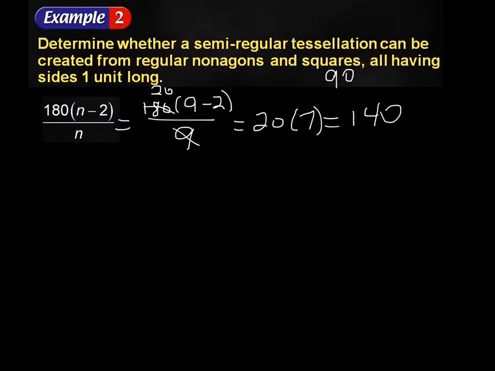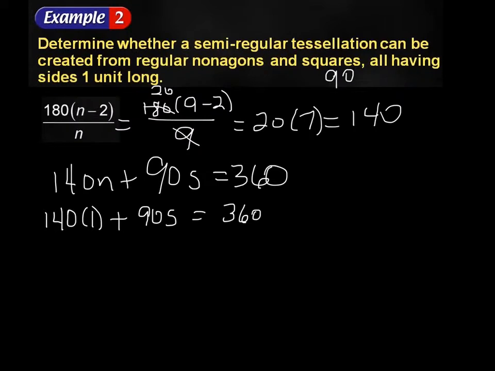So for each nonagon, our interior angle would be 140, and for each square, our interior angle is 90, and our goal is for the angles to add up to 360 if it's a tessellation. So let's start checking. We can let n be 1. 140 times 1 is 140, plus 90S equals 360.